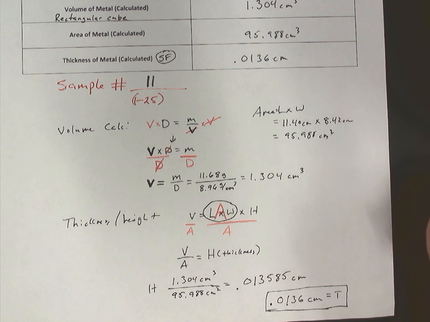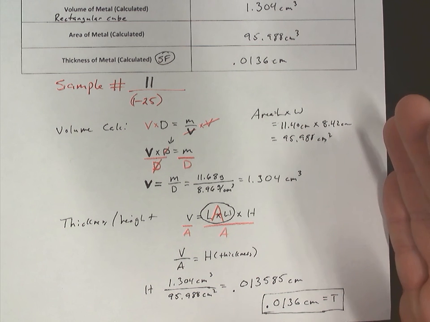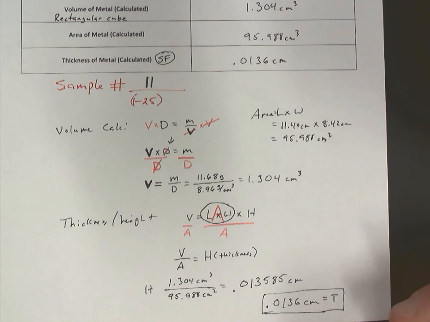So the activity I'm going to ask you to look at now is an application of this, and you're going to use a different equation. Your equation is going to be for a cylinder, because you're going to analyze a wire sample. But in the meantime, if you need to think through the general process, it is to take every measurable aspect you do know, mass, density, length, width, whatever you can measure, and solve for values that are going to get you closer to finding the unknown value that you can't measure.